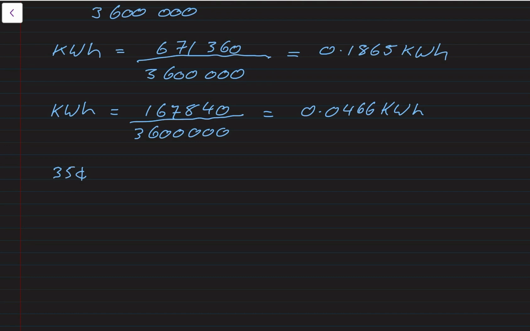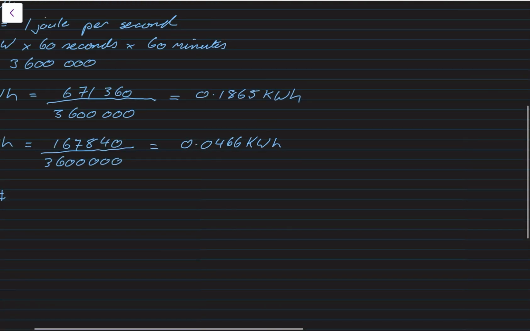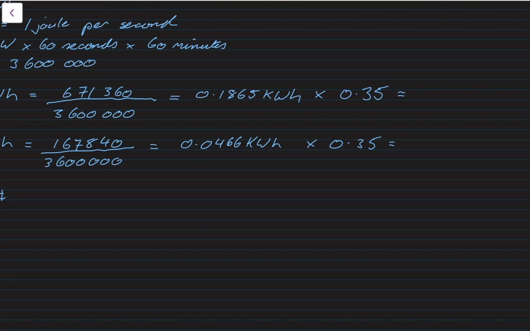So we just go ahead and multiply each of these by our kilowatt hour charge out rate, times 0.35 because I'm doing it in dollars. Just plug that in and find out what it costs.